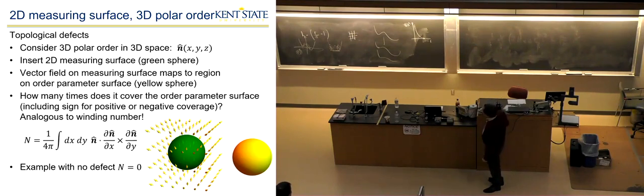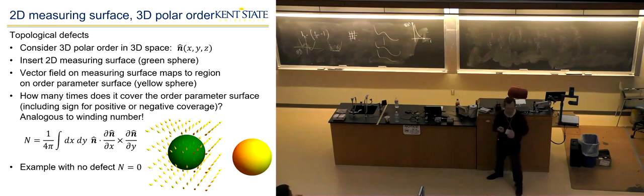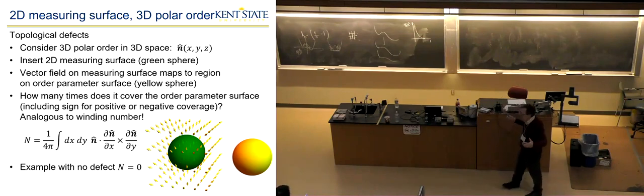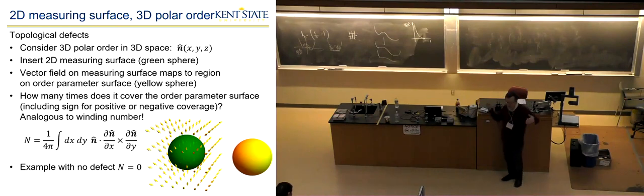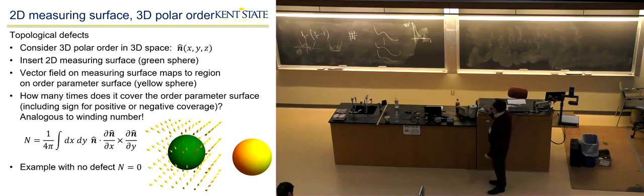So the same way that you can define a winding number in one dimension, you can define a 2D generalization, which says, how do we cover all the possibilities in this target space, in this set of all possible vectors? The northern hemisphere here covers approximately the northern hemisphere there.